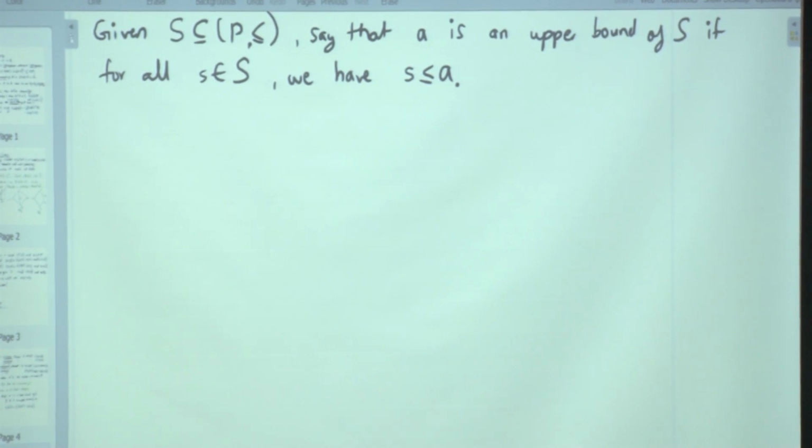We are talking about an upper bound of a subset. Okay. So similarly, I can define a lower bound of a subset.